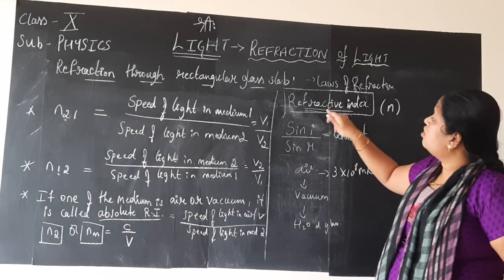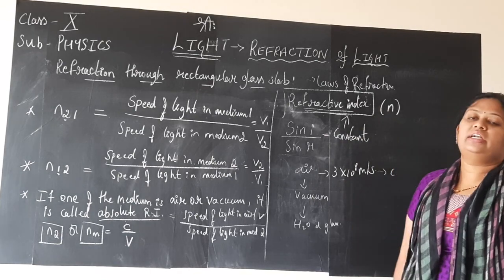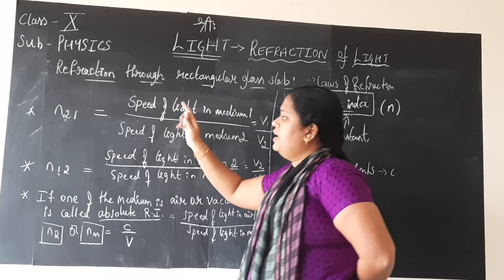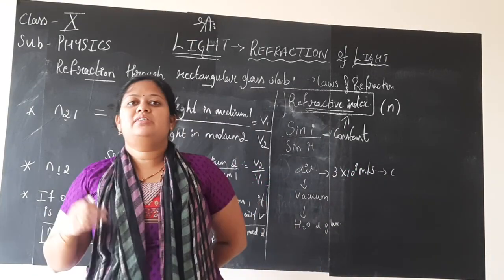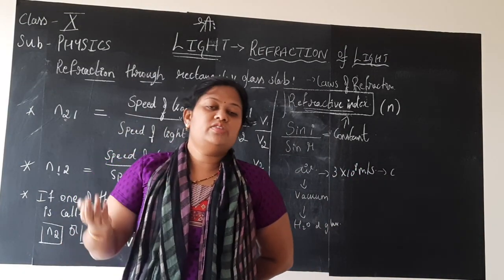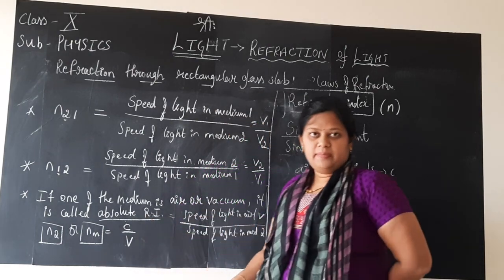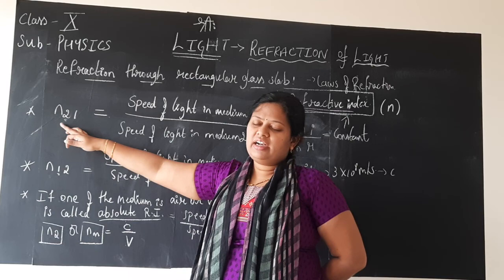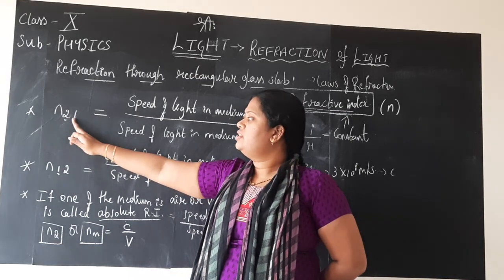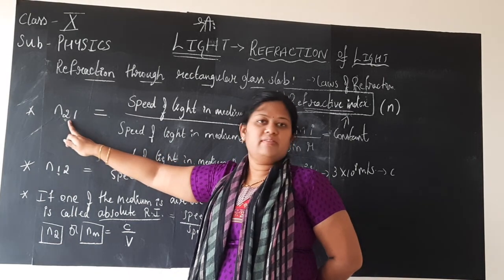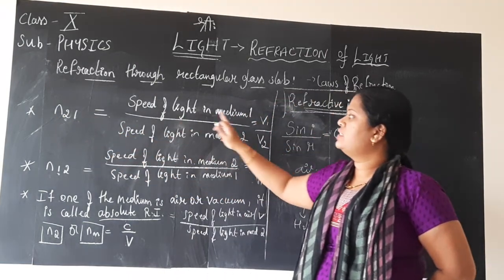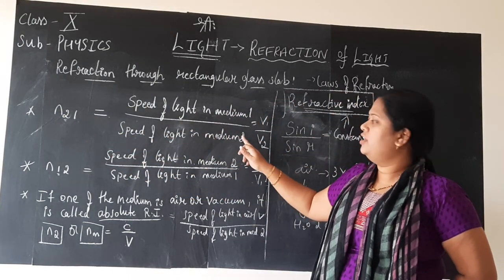That constant is called refractive index, which is represented by small letter n. That refractive index gives, as you all know, that light travels with different speeds in different media. Refractive index of medium 2 with respect to medium 1, n21, is given by speed of light in medium 1 by speed of light in medium 2.